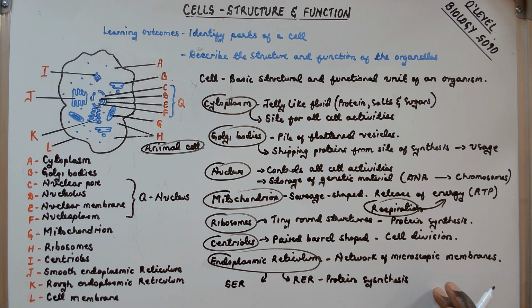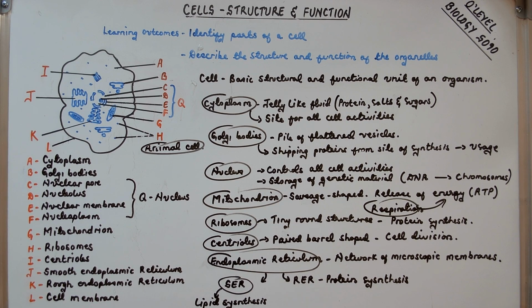These ribosomes are found on the rough endoplasmic reticulum, so it plays a role in protein synthesis. The smooth endoplasmic reticulum plays a role in lipid synthesis, and it also ships these same lipids to other places where they may be needed.